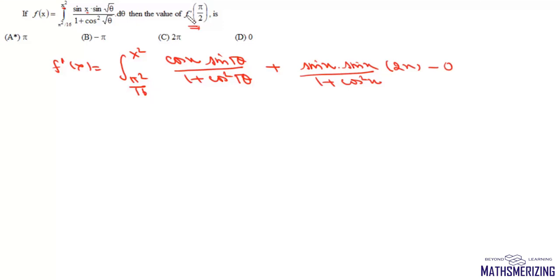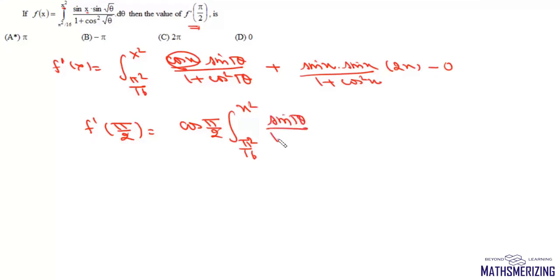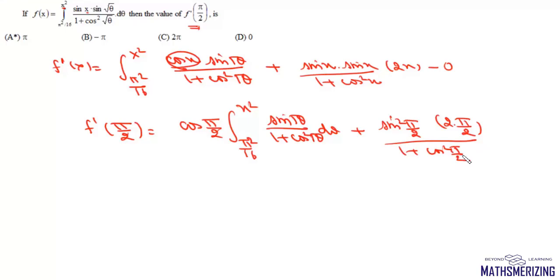Now we need to find the value of f dash pi by 2. So we'll put x as pi by 2. Now if we put x as pi by 2, here will be cos pi by 2, and then this integral from pi square by 16 to x square of sin under root theta upon 1 plus cos square under root theta d theta, and plus sin square pi by 2 into 2 into pi by 2 upon 1 plus cos square pi by 2.